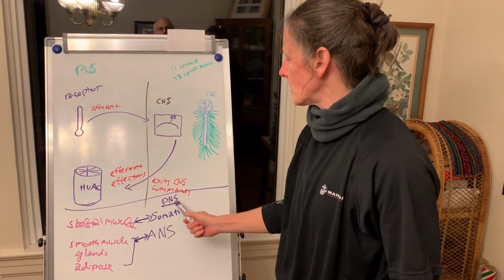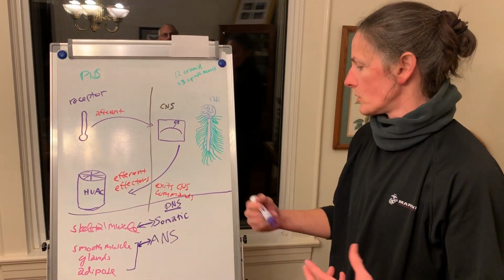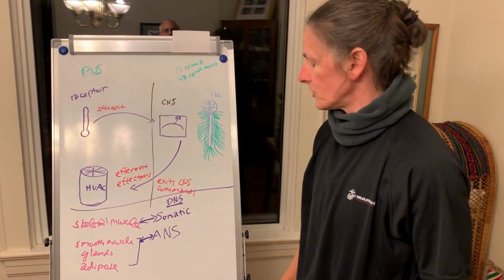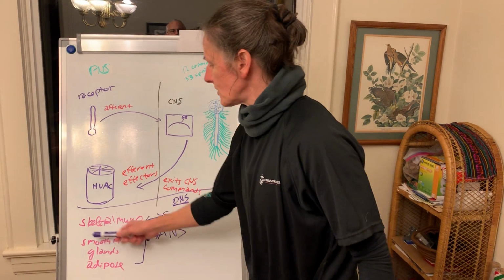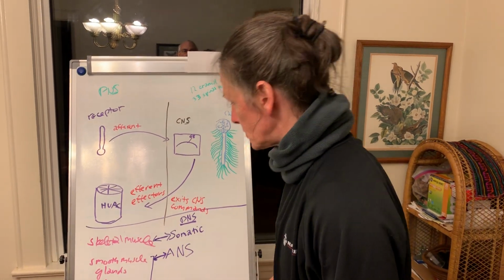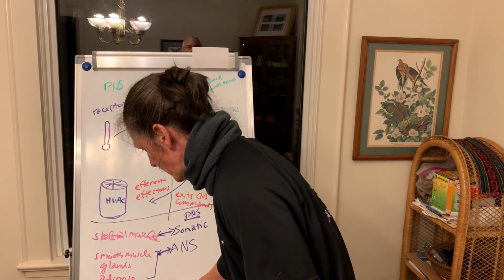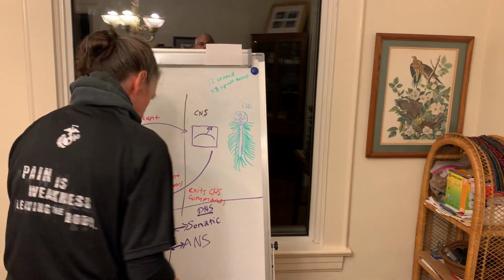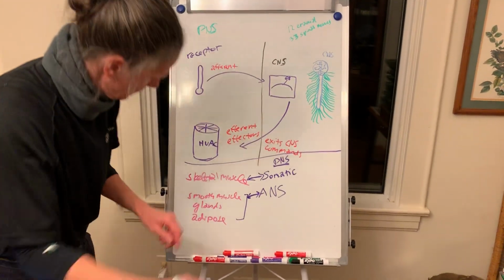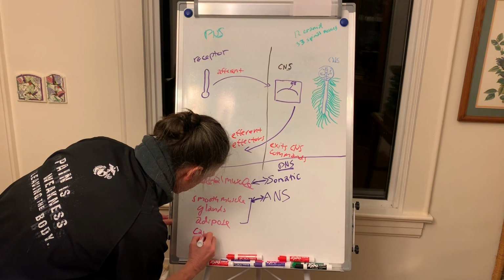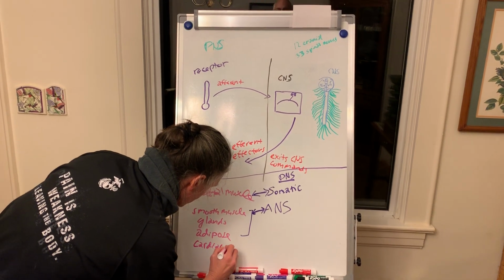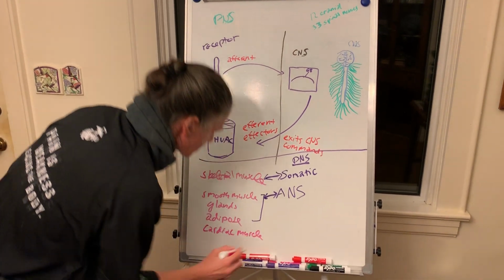So the effectors of the somatic nervous system are going to be skeletal muscle. The autonomic nervous system is going to have as its effectors things that are not under your control, such as smooth muscles, glands, adipose, and also I should put one other thing in here, cardiac muscle. So cardiac muscle. Because these are not things that are under your conscious control.